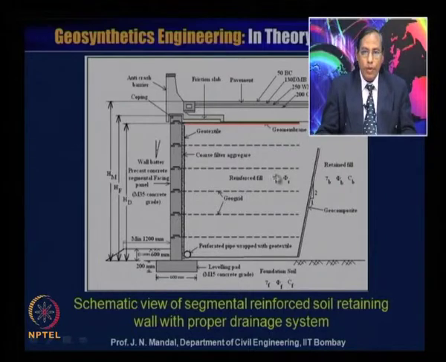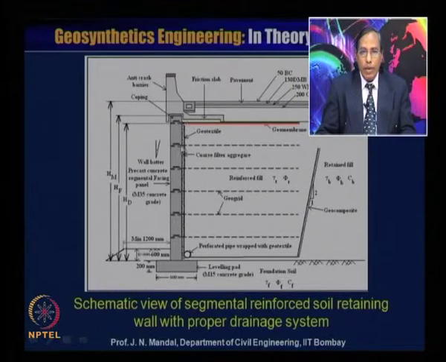And this is the reinforced fill, where the angle of internal friction of the reinforced soil zone is phi r, and the unit weight of soil in the reinforced zone is gamma r.